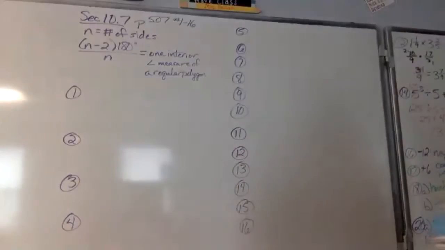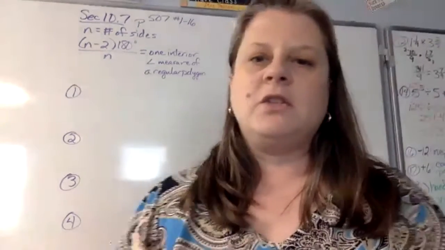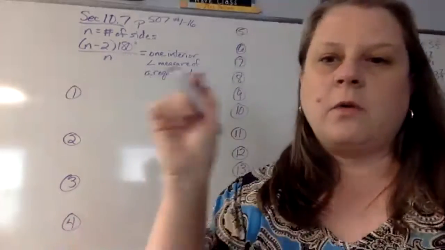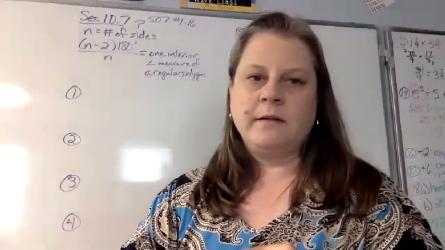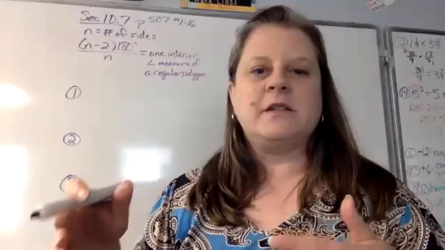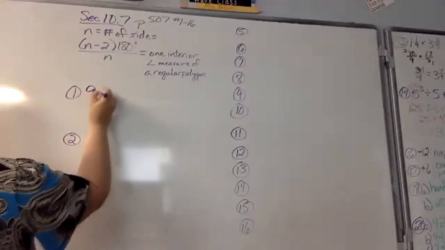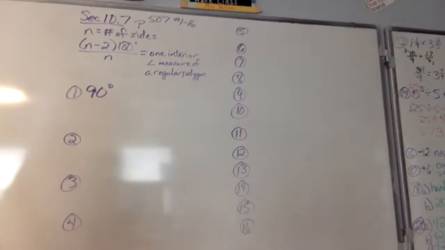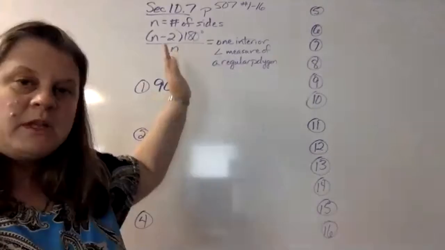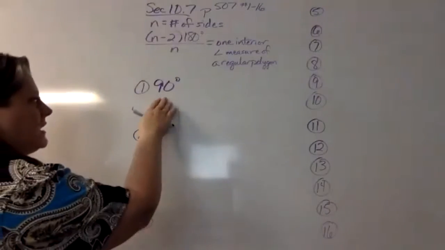Now, do I have to bother figuring out the measure of each angle of a square using the formula, or should you already know what all 4 angles in a square are? Each angle in a square is automatically 90 degrees. You all should know that a square has 4 90-degree angles without plugging it into this formula. Each one's 90 degrees.